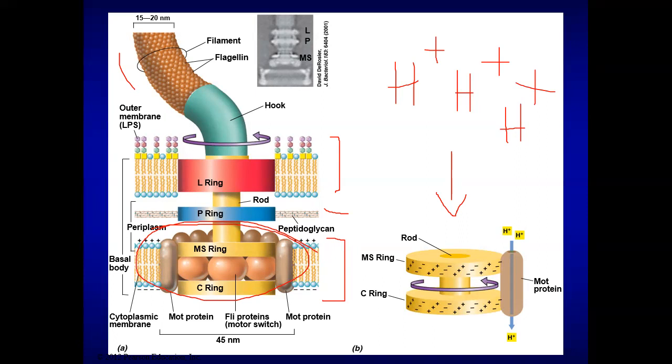So the MOT proteins facilitate the movement of the protons back into the cell. And as they're flowing through the MOT protein, that actually creates a situation that generates that torque force. And so as they're flowing through, that torque force happens and you get that rotation of the flagella. And so that gets transmitted all the way out to the filament, you get that rotation.